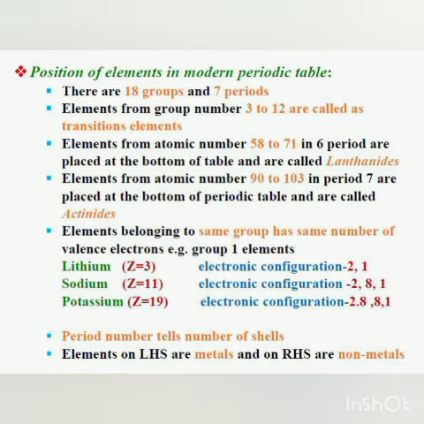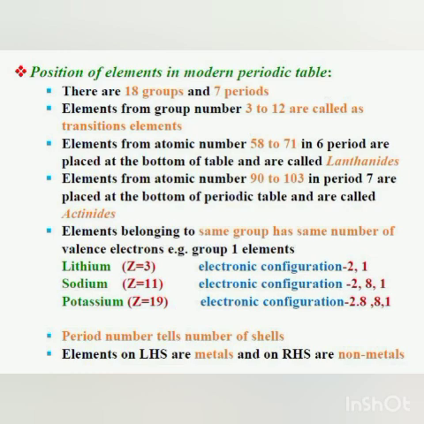Here the first element is lanthanum. So all the elements after lanthanum, from atomic number 58 to 71, are placed at the bottom of the periodic table and are called the lanthanides.